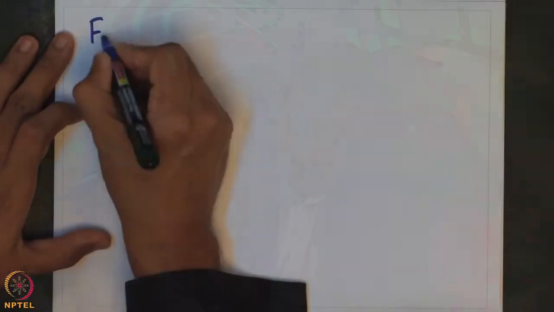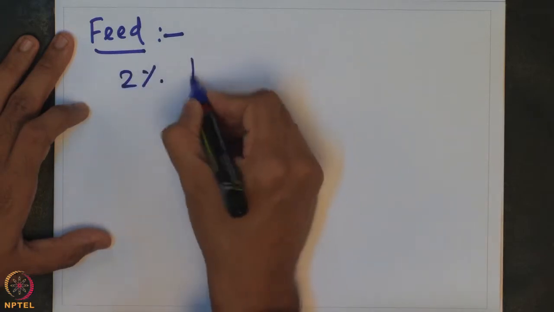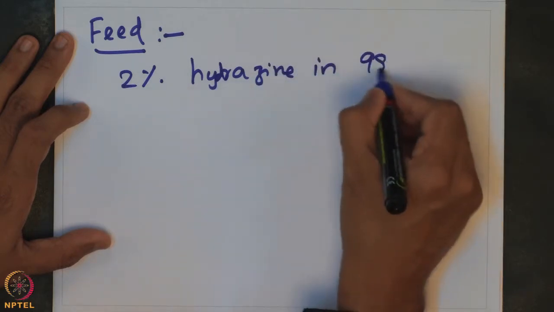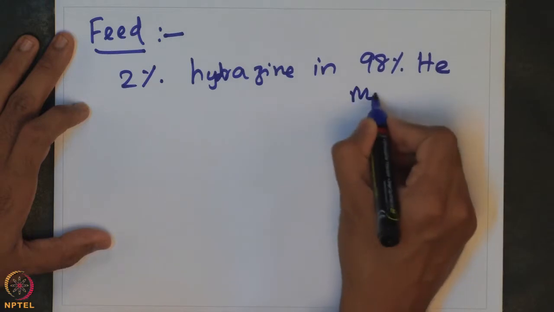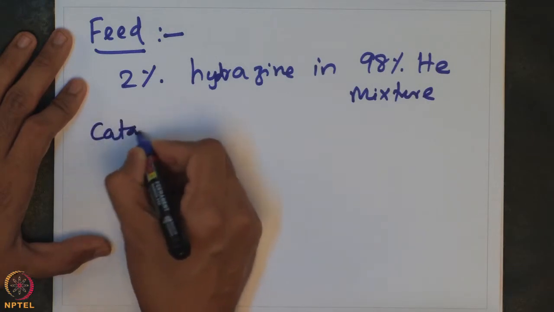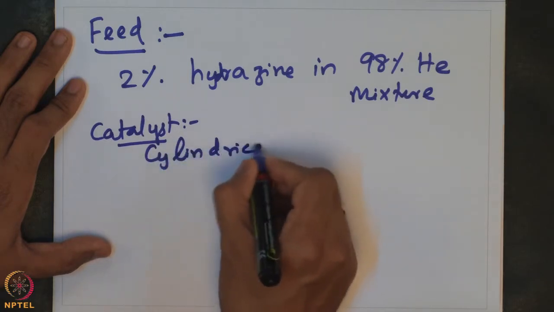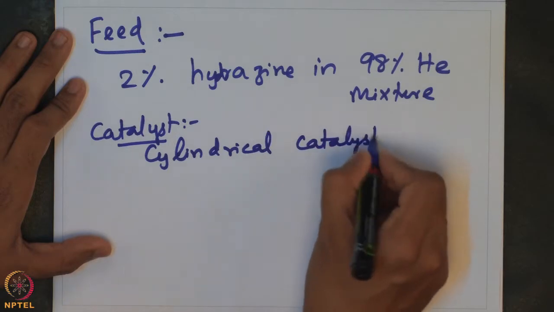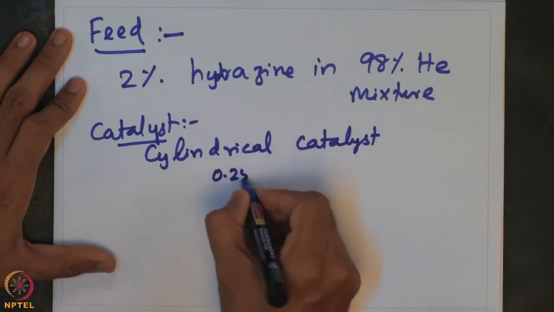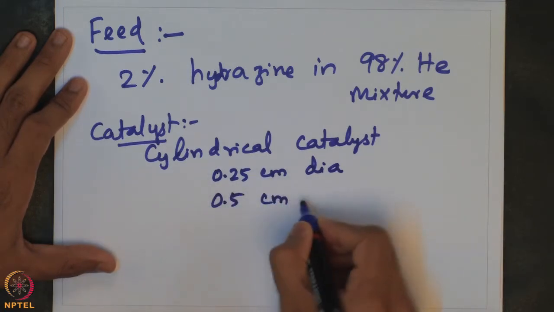So, the feed is essentially 2% hydrazine in 98% helium mixture, that is the feed, and the catalyst properties are, it is a cylindrical catalyst, and the diameter of the catalyst is 0.25 centimeter, and the length of the catalyst is 0.5 centimeter.